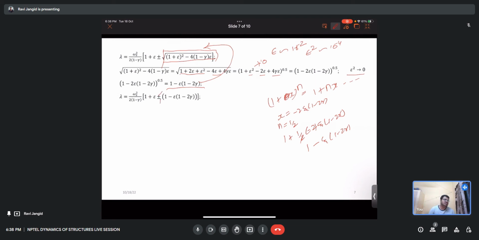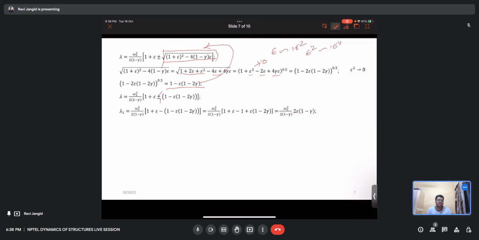Initially I am taking the negative sign. When I take the negative sign and open this, multiplying with this minus 1, terms cancel out each other and I remain with 2ε(1 − γ), and that will cancel out each other.